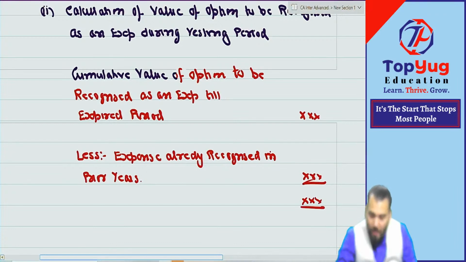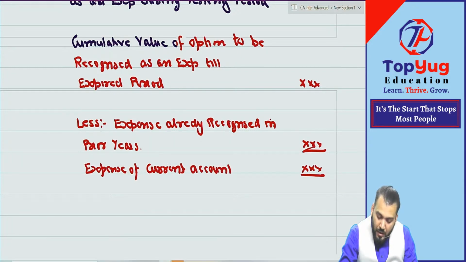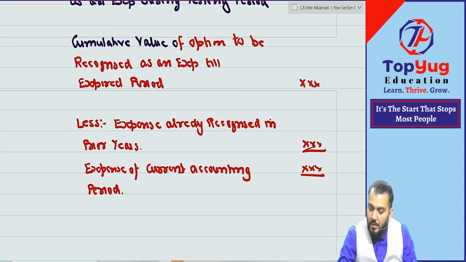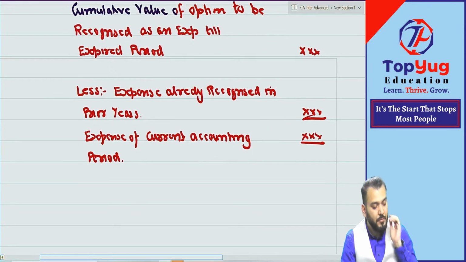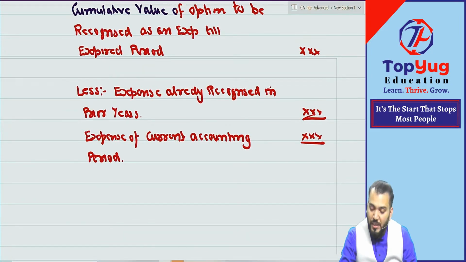So this balance amount will be the expense of the current accounting period. Have you understood this point? Any doubt? Correct.